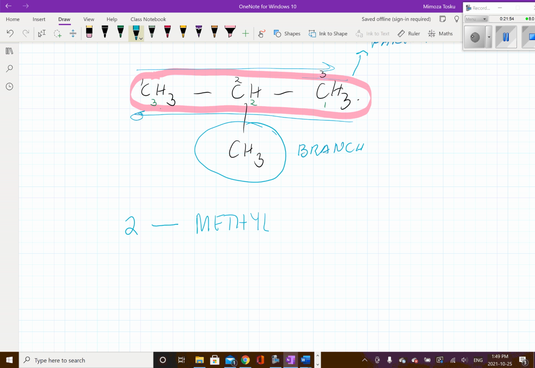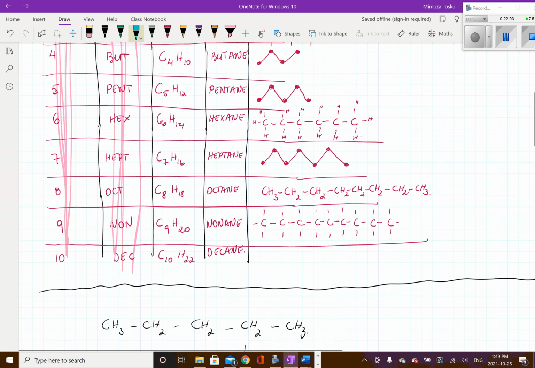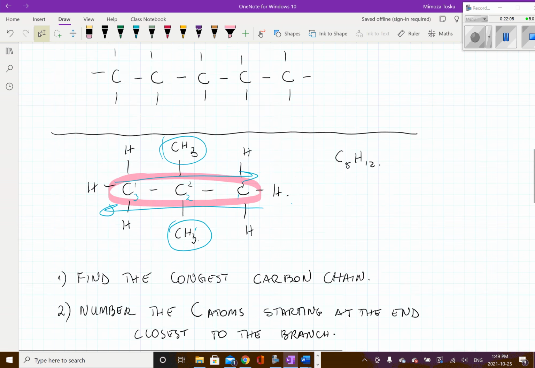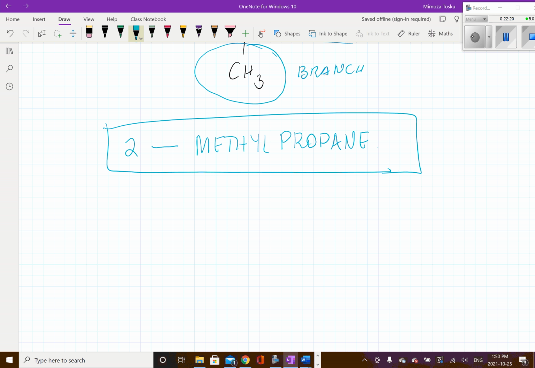And then we have 1, 2, 3, and the stem for 3 is prop. To identify that we are dealing with an alkane, it is propane. This is how we will name it. Okay, we'll start with the branch location.